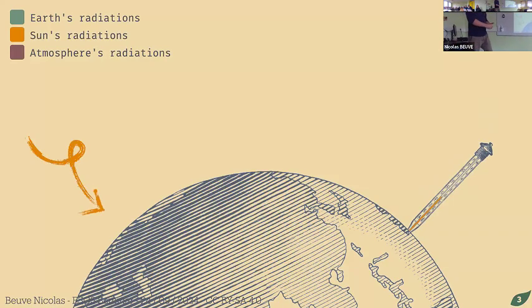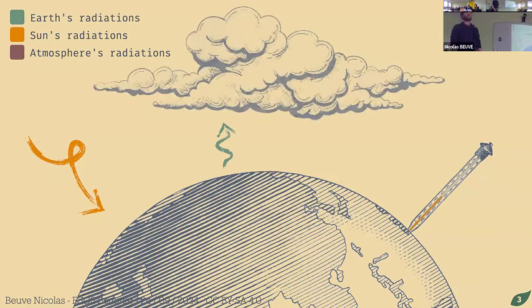So Earth receives energy from the sun's radiation, and it has to emit as much energy as it receives from the sun to be in a balanced state. So it also emits energy. This emitted energy is proportional to its temperature. So it has to increase its temperature to be able to radiate as much energy as it receives from the sun. The problem is this emitted energy doesn't go into space, it goes into the atmosphere.